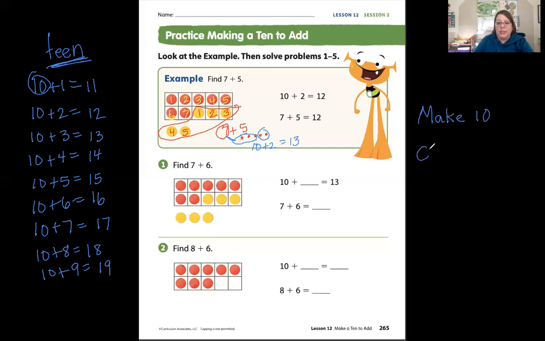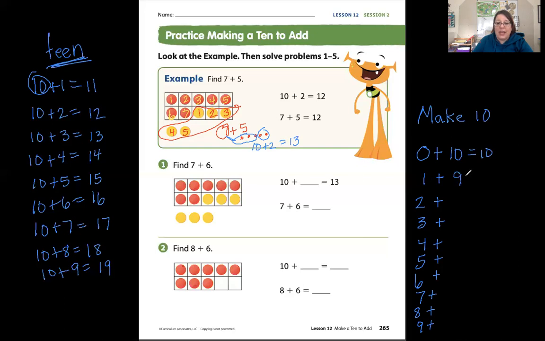So I'm gonna write 0 plus, 1 plus, 2 plus, 3 plus, and you're writing this too, right? 4 plus, 5 plus, 6 plus, 7 plus, 8 plus, 9 plus. So making 10, right? So 0 plus 10 equals 10.